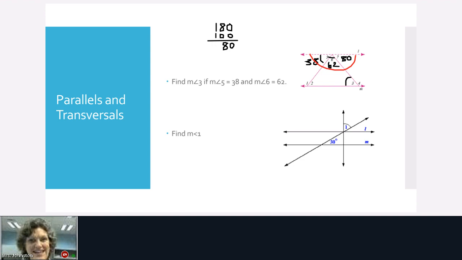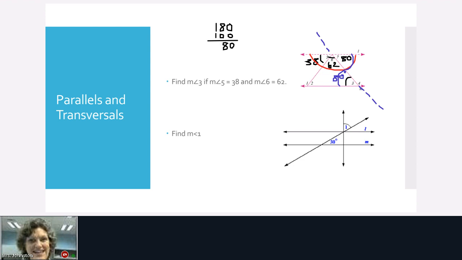Now, because these two lines are parallel, I know that there's a relationship between this 80-degree angle, angle 7, and this angle 3. These are called alternate interior angles of this transversal, the transversal coming down like this, passing through two parallel lines. Alternate interior angles have an equal measure, so I know that the measure of angle 3 will also be 80 degrees. So, some very handy theorems to know.